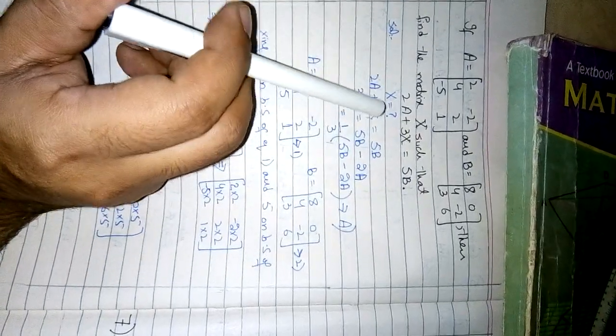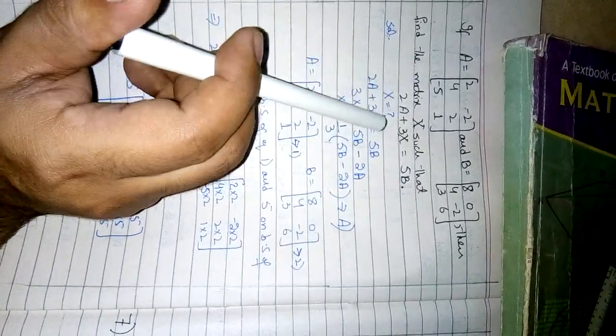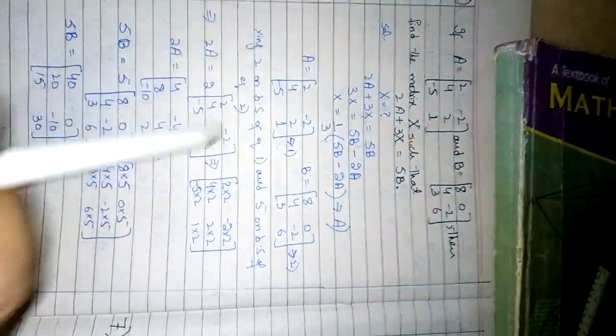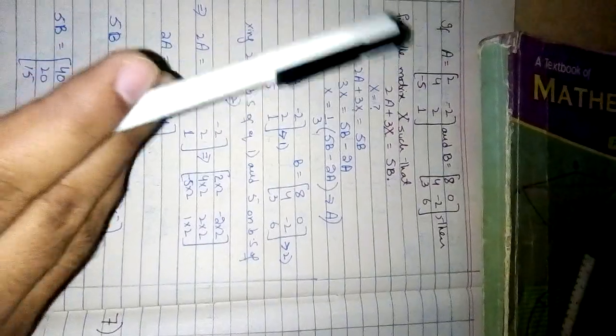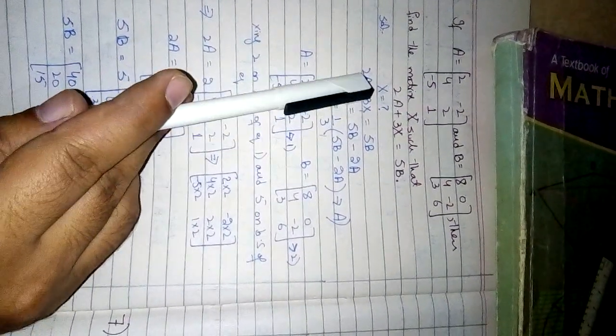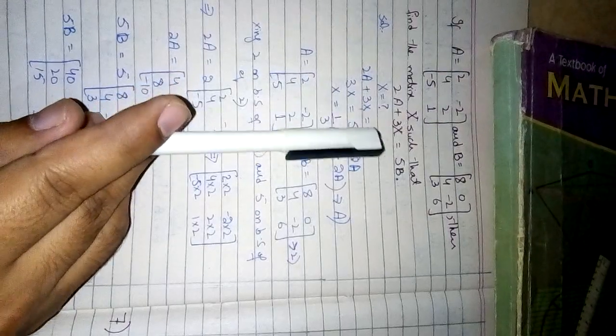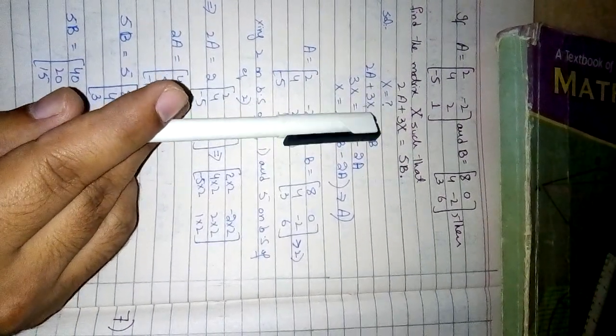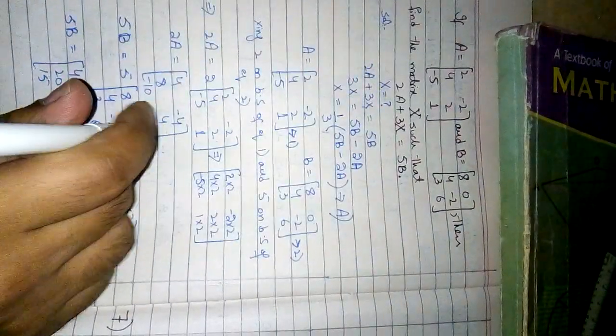So in the solution, first of all I will write X. What is X? We don't know, so we will mark it as a question mark. The given equation is 2A plus 3X equals 5B. So we have to find out X.